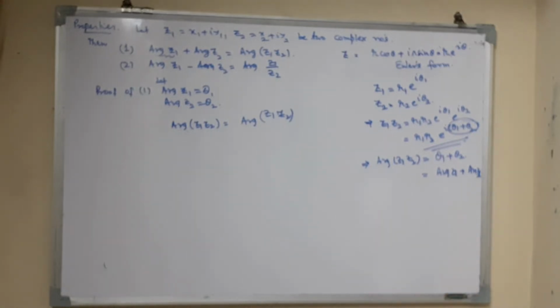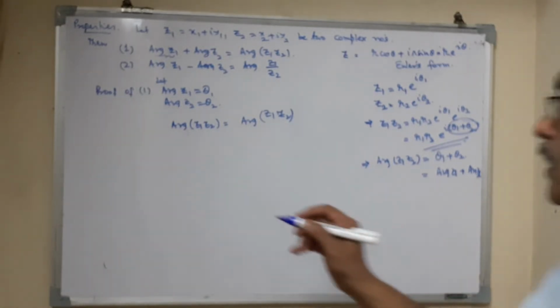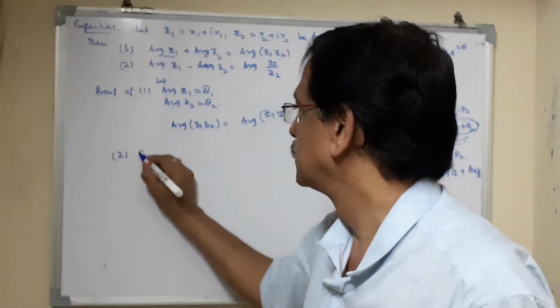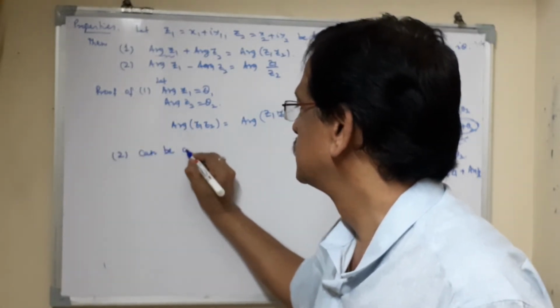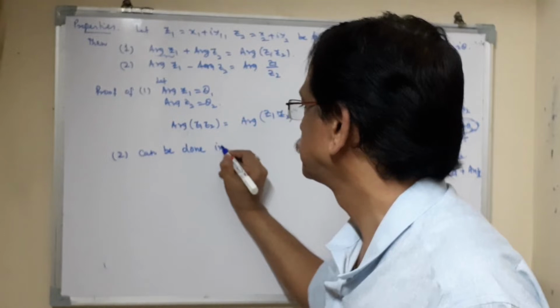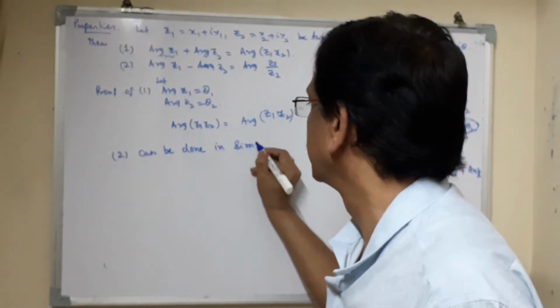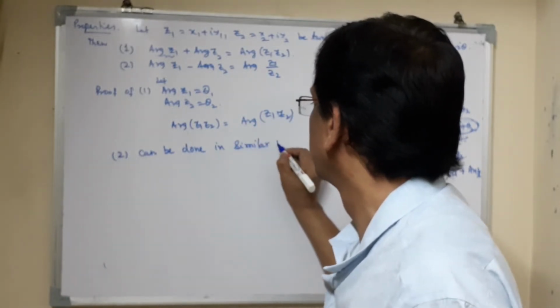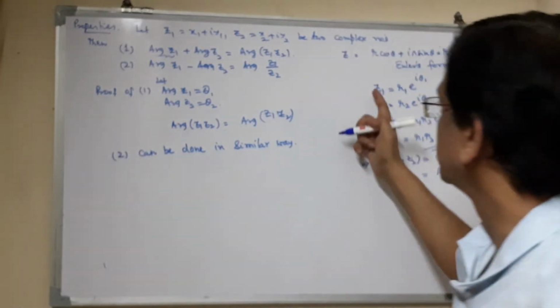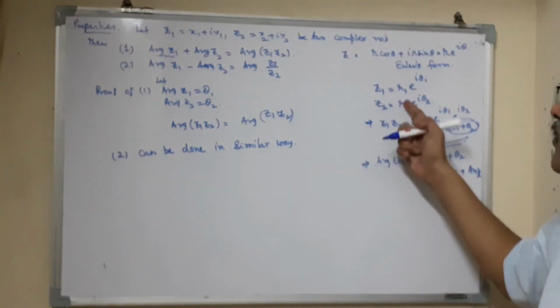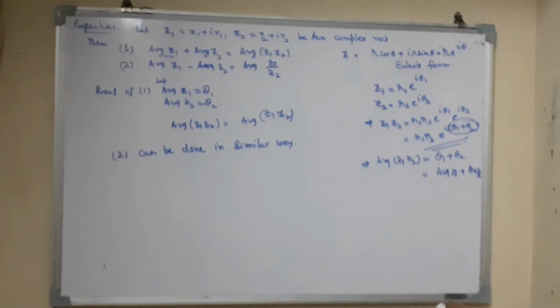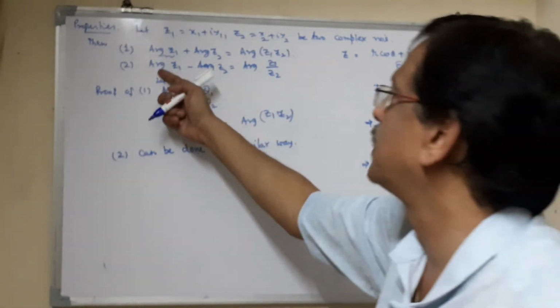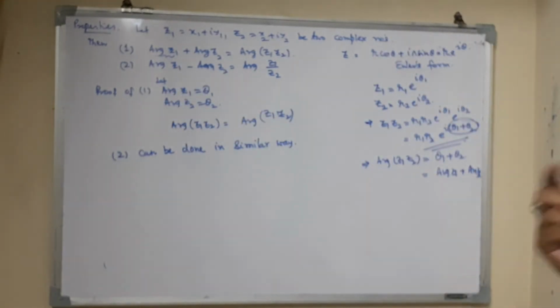The proof of 2 can be done in a similar way. Take Z1 by Z2. This is R1 by R2 into e power i theta 1 by e power i theta 2, which is e power i into theta 1 minus theta 2. So theta 1 minus theta 2 will become arg Z1 minus arg Z2. So 2 is clear.